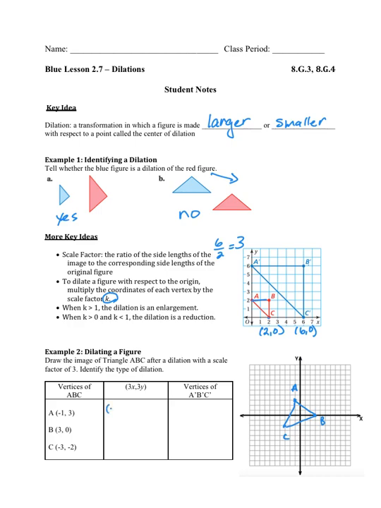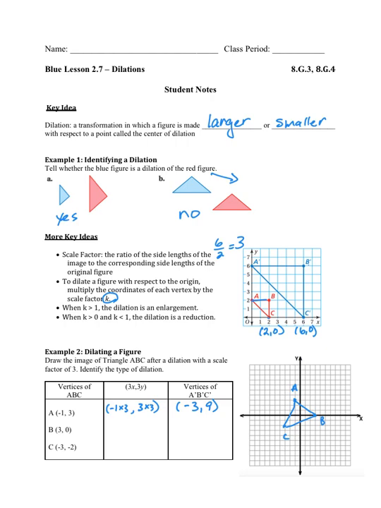So we're going to do -1 times 3 will be the x coordinate of A prime, and 3 times 3 will be the y coordinate of A prime. So our vertex here will be -3, 9.